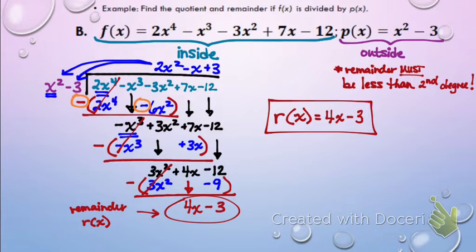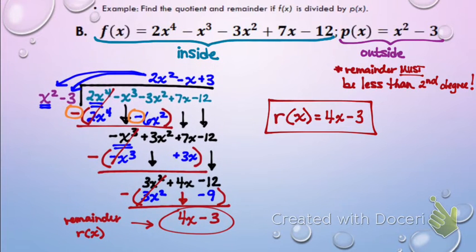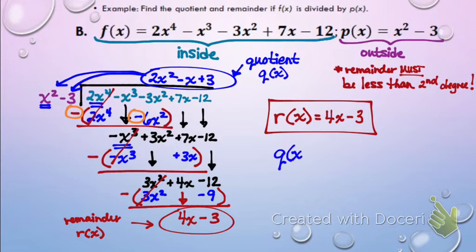Where do I find q of x? Yes, that's the piece up on top. Here's my quotient q of x. So q of x is equal to 2x squared minus x plus 3.